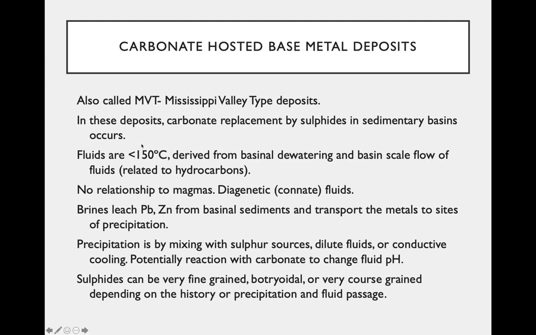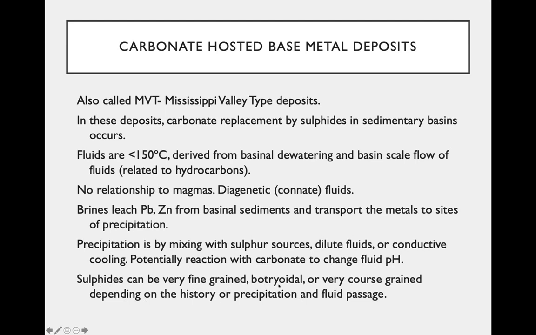So fluids, again, are reasonably cold, less than 150 degrees, related to basinal dewatering. And there's no relationship to magmas. They're mostly connate fluids. And the brines leach and transport lead and zinc. And the precipitation is by mixing with sulfur sources, dilute fluids, and conductive cooling, potentially reaction with carbonate to change the pH.